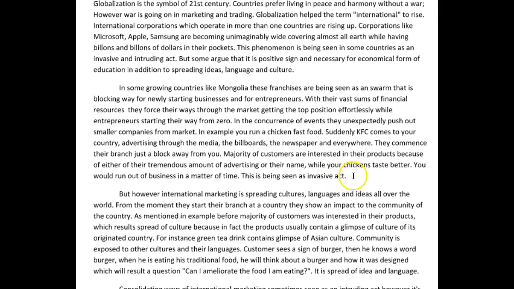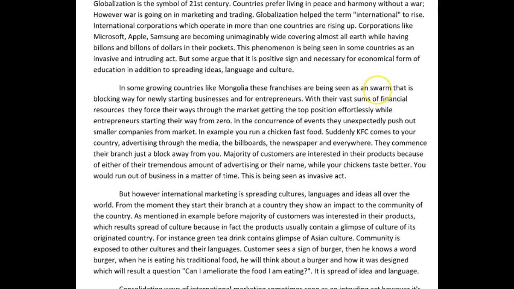So for this paragraph, for instance, what the point is, the fact that I believe, you're talking about the closure of local businesses as a result of foreign marketers.